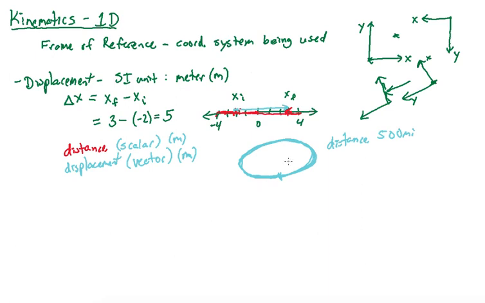But their displacement, if you look at where they started and where they ended, would be 0. Because they haven't actually gone anywhere by the end of the race. At the end of the race, their displacement is just 0. They're right back where they started, and so their displacement would be 0.